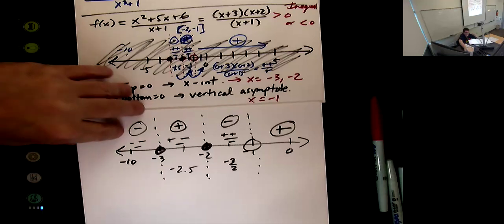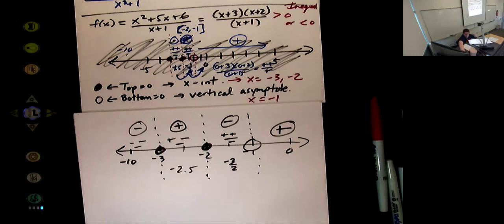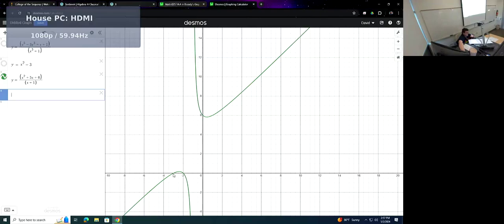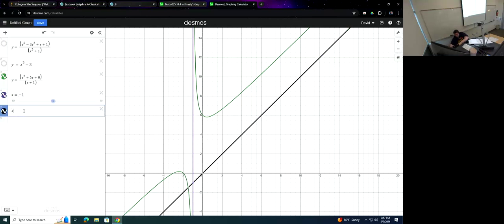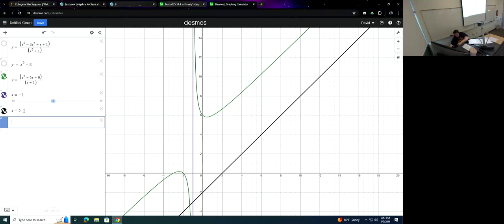Okay, so let's see what our Desmos is showing us and how this relates to the sign chart. So for greater than -1, we said this was positive. I'm gonna plug in little lines. We'll say x equals -1. I'll say x equals -2. I'll say x equals -3.